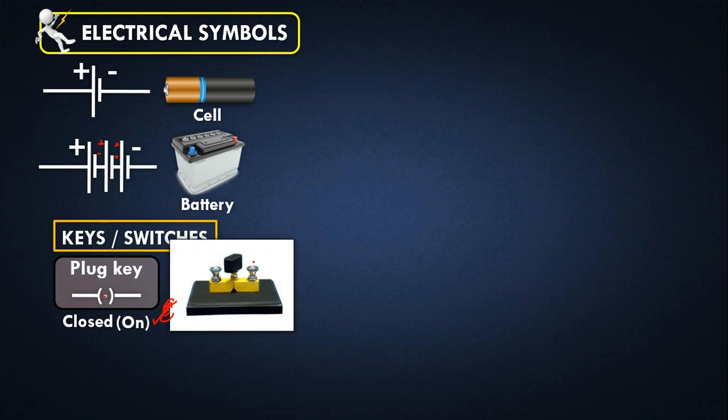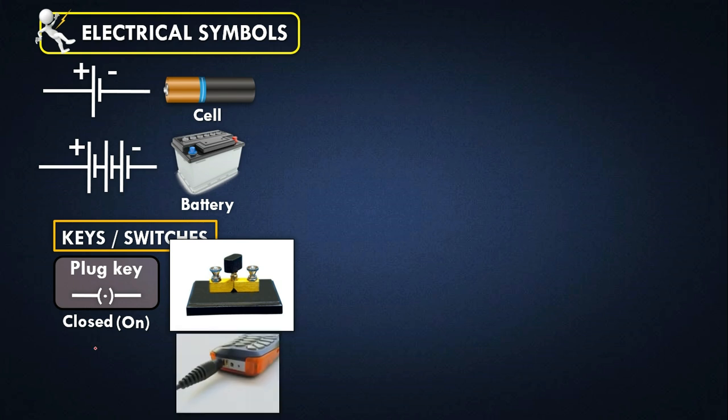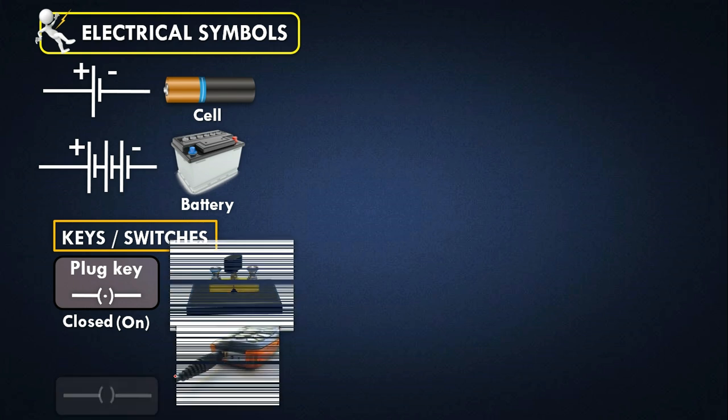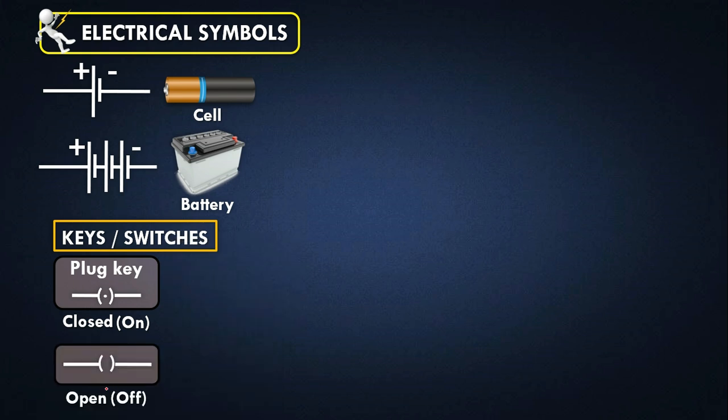This is the plug key which represents this, and this is the plug. If we remove this key, then it will be an open circuit. Open means no power supply, it means the switch is off. Here it is inserted, so it is on. And open means the plug key is open, it means off, there is no key in it.